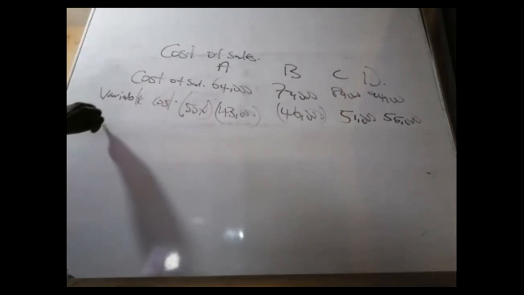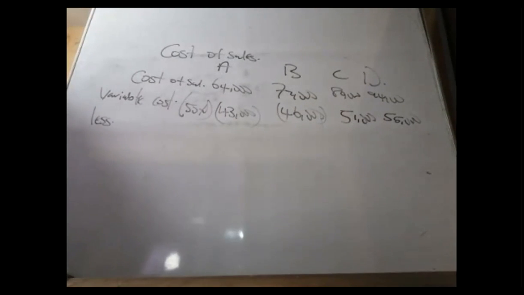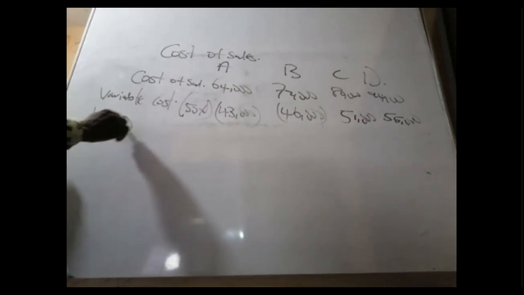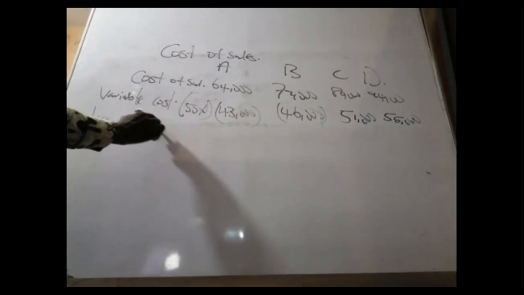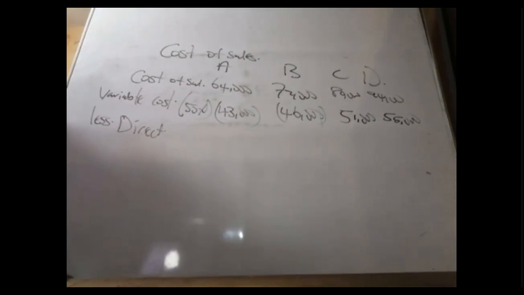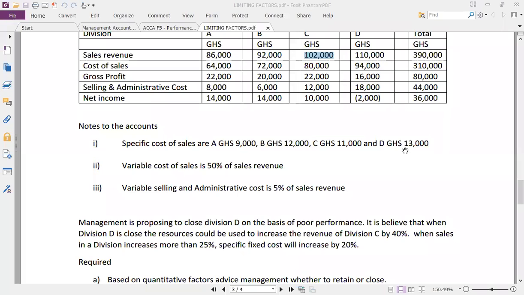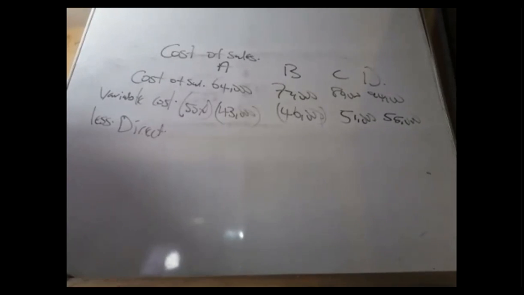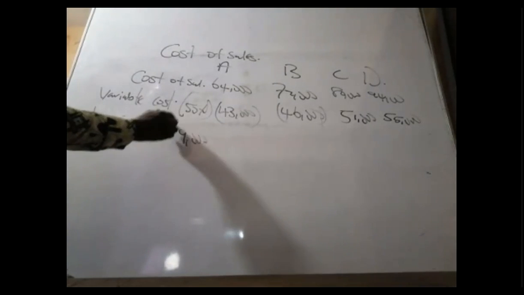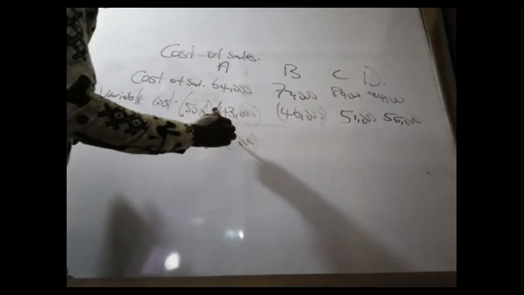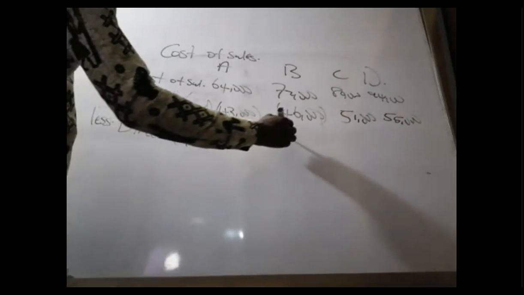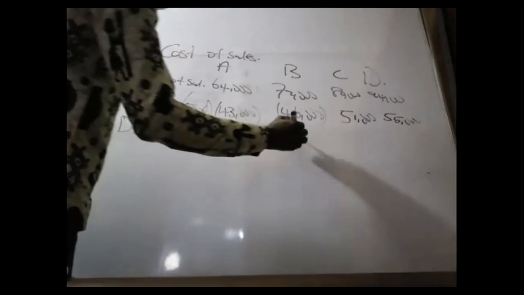Again, less the specific cost or the direct cost. What's the direct cost here? They give us some direct cost or specific cost of sales. Specific cost of sales 9,000, 12,000, 11,000, or 10,000. So coming down to 9,000, 11,000, 9,000, and 12,000.